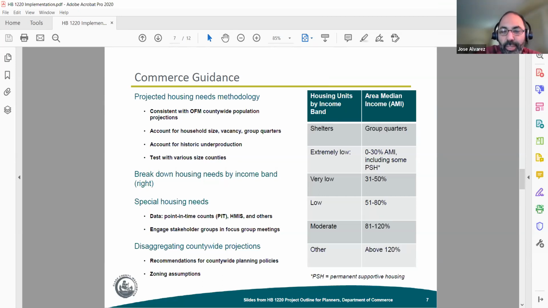The moderate and others are, I think, what generally has been considered as market rate housing, which is what we generally have planned for. Again, there's the inclusion of the special housing needs and this disaggregation of the countywide projections, which is a little different than how we've done things in the past when we look at population and the distribution of the population amongst the jurisdictions.